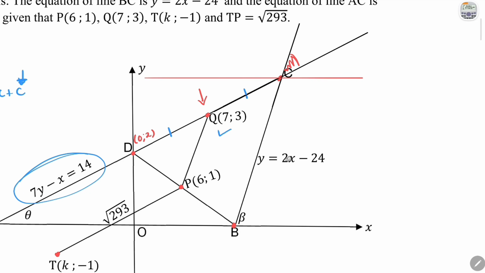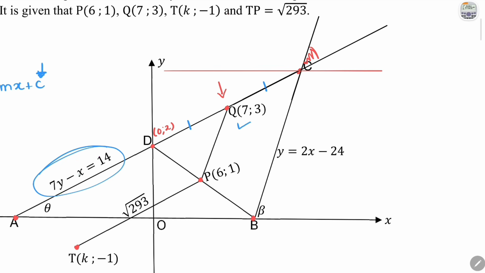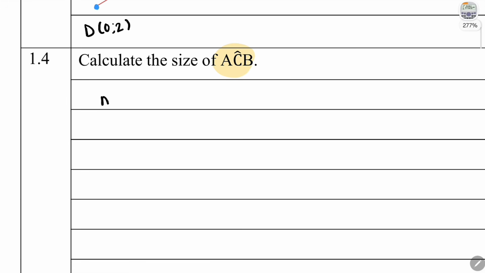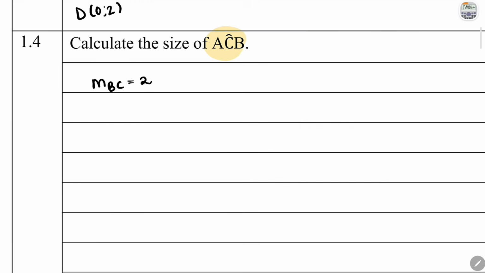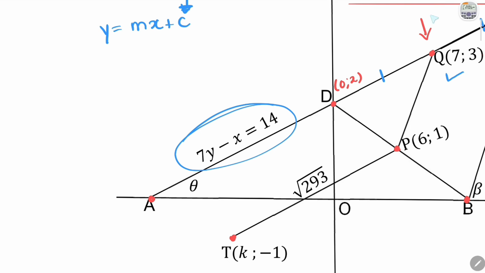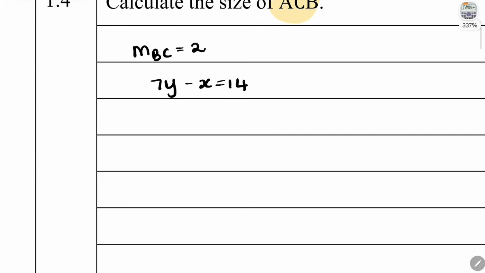So the gradient of BC is 2. Let's just quickly find the gradient of AC. We'll note down that the gradient of BC is equal to 2. Looking at the equation of AC, let's get that gradient. We can put it in standard form, y equals mx plus c, meaning y needs to be on its own. Let's leave it on the left-hand side.